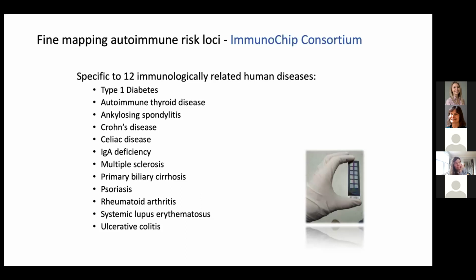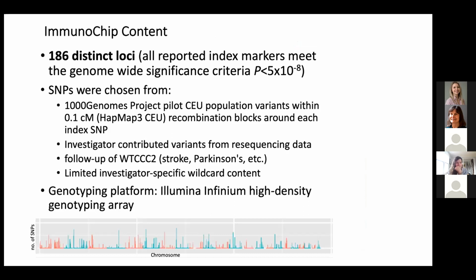It consists of 12 immunologically related human diseases. And we designed the Immunochip array that has 186 distinct loci. Here on the bottom, you can see these loci with number of SNPs in each loci that will map hopefully the variation, genetic variation and architecture in each region.